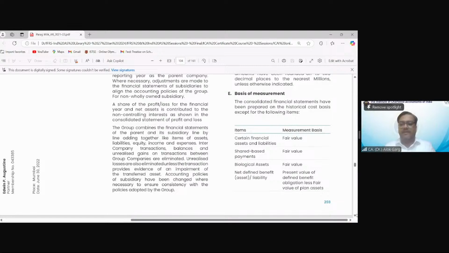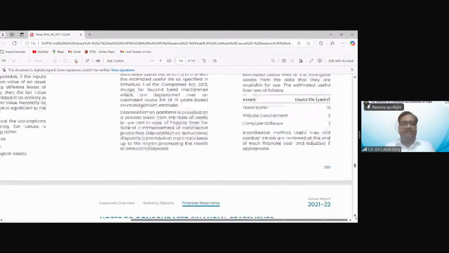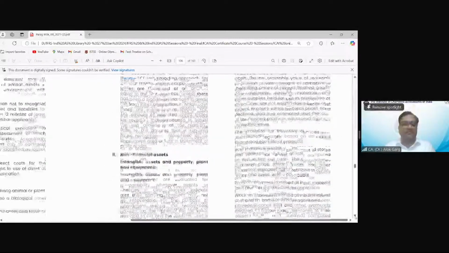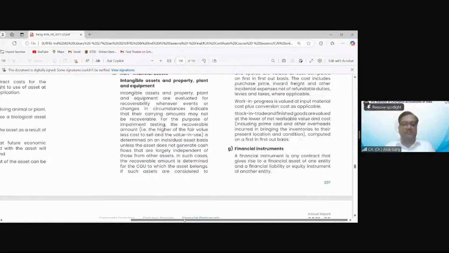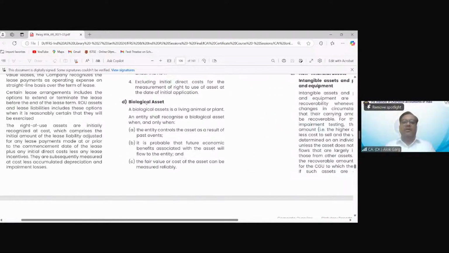Okay. Then what is the accounting policy for biological assets? Let's read that accounting policy as well. A biological asset is a living animal or plant. An entity shall recognize a biological asset when and only when the entity controls the asset.